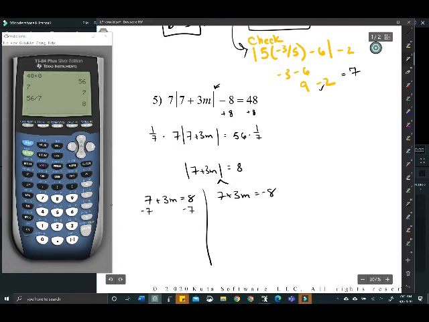Subtract 7. 3m is equal to 1. So we divide by 3. M is equal to 1/3. On the other side, subtract 7. Negative 15. And m is equal to negative 5.